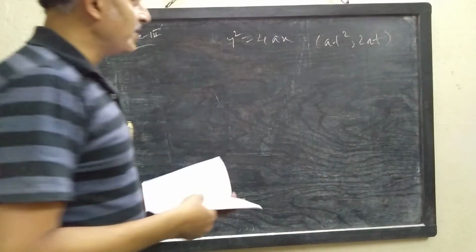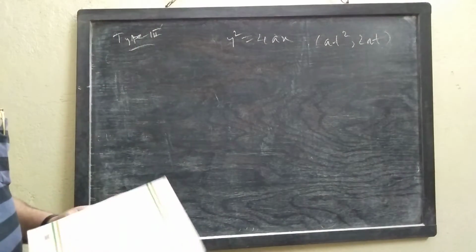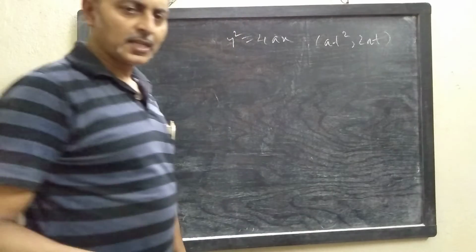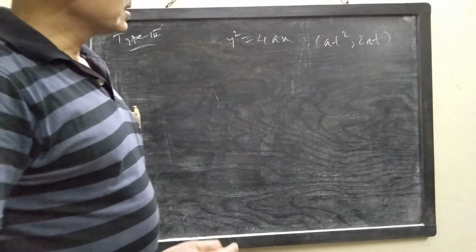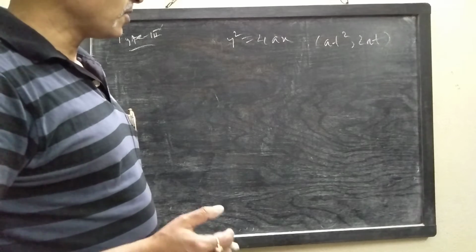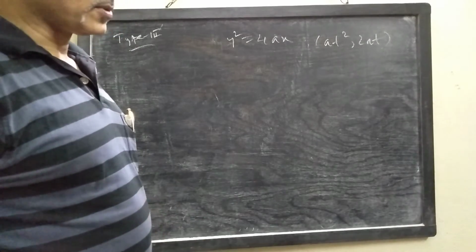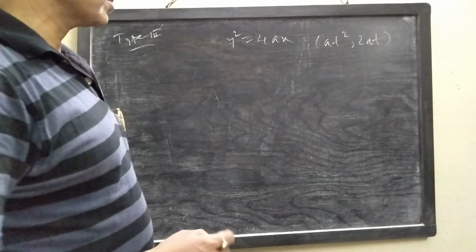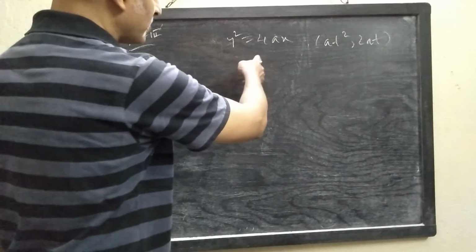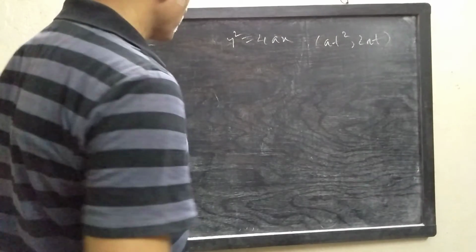You know, a parametric point on this parabola is (at square, 2at). So this is very useful in our future calculation. We will see that this parametric form is very important for making the calculation of the problem easy. So here you are asked to find the tangent and normal to the parabola at this point.